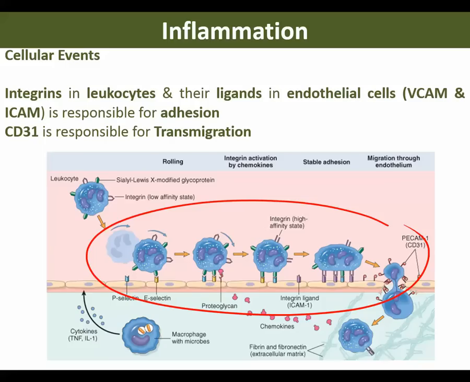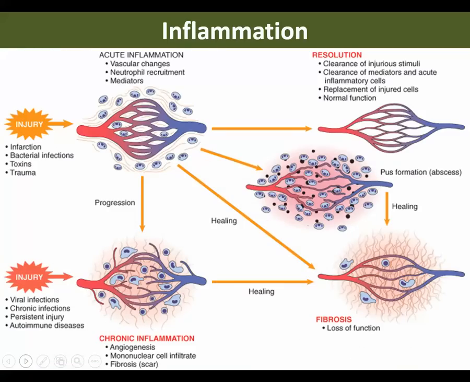Due to the plasma fluid and plasma protein going out, the laminar flow is disturbed. The blood cells, especially the neutrophils, touch the endothelium. When they touch it, the endothelium gets activated, holds the neutrophil and throws it out. So that is called a cellular event.